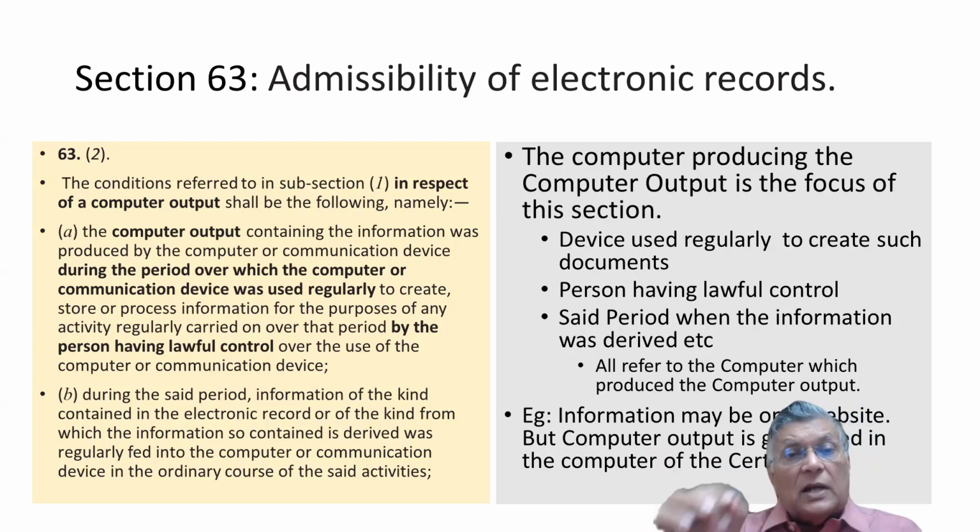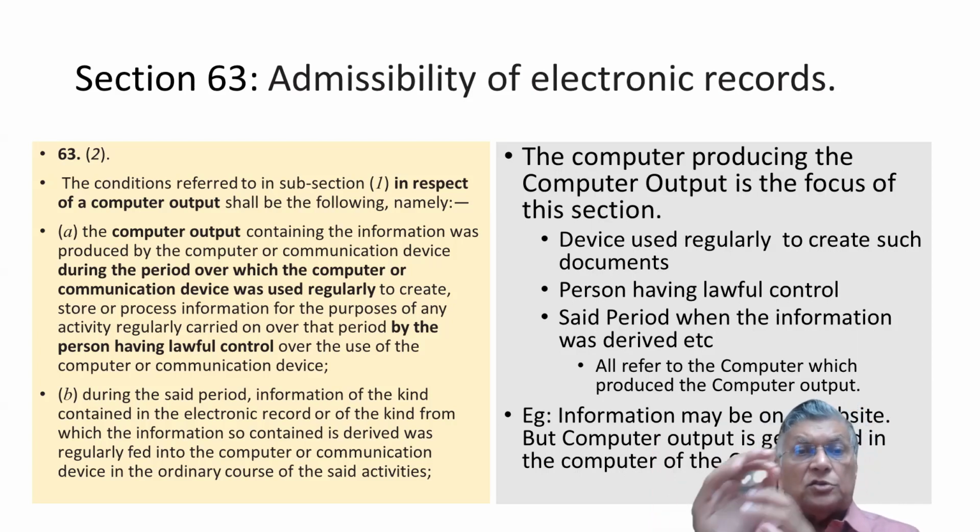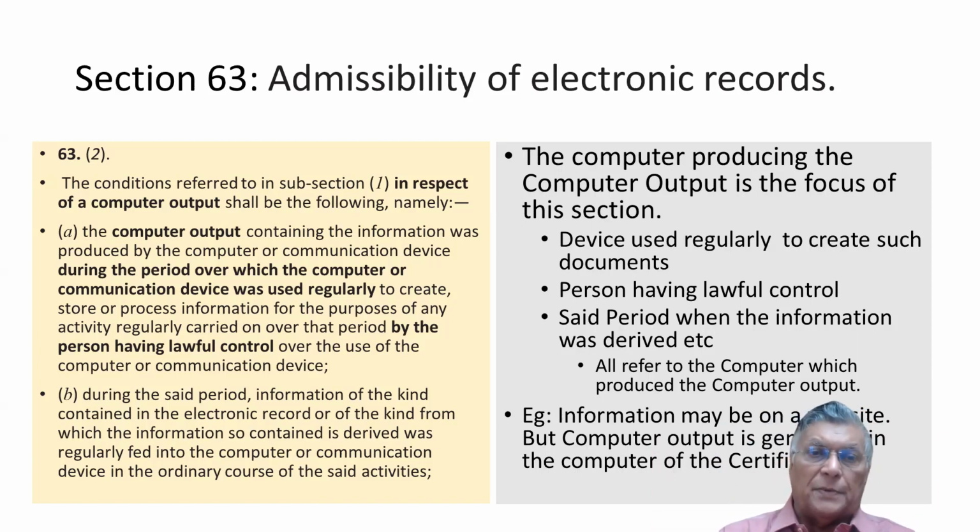And it is that computer which has to be regularly used for the purpose of such operations. And that owner should be the one who is available. If I am the observer, I am the owner of my computer. The reason why this ownership is brought in is because there should not be any hidden software, virus or something which even without my knowledge makes a change in the document.